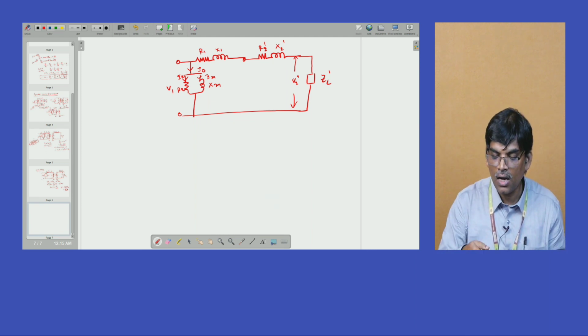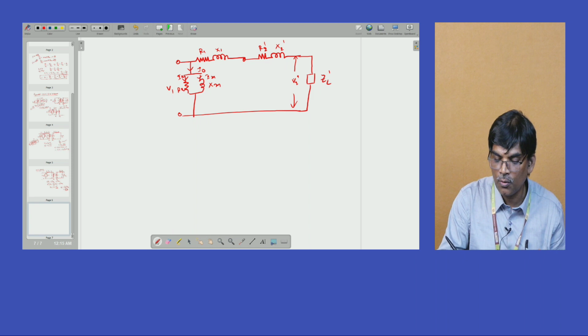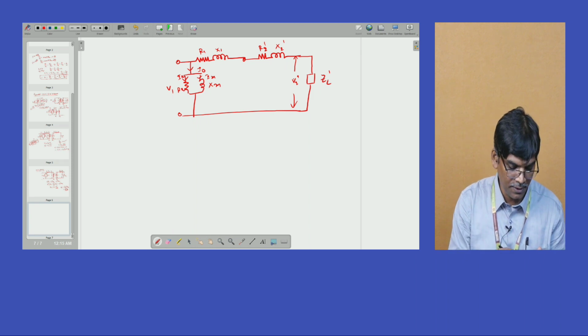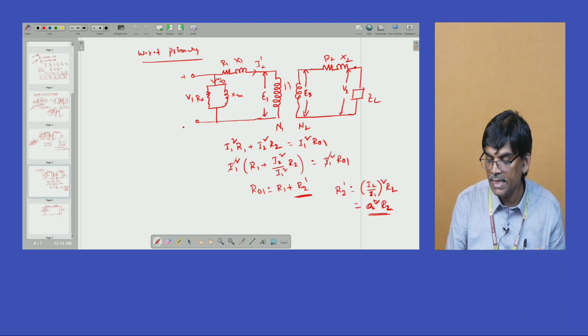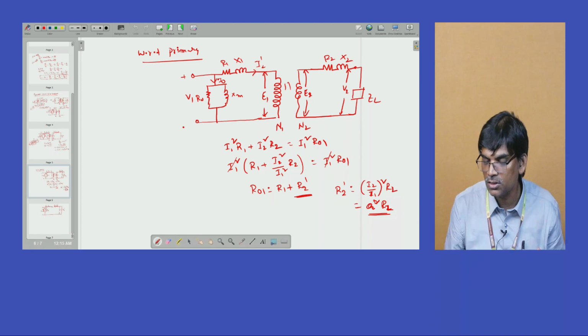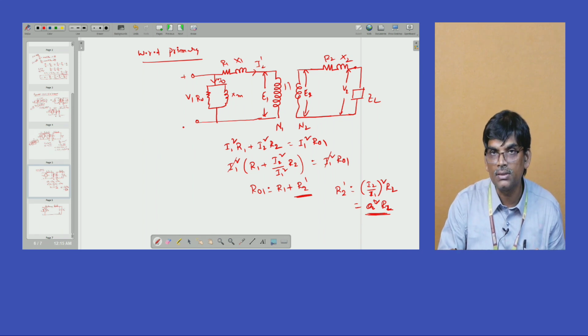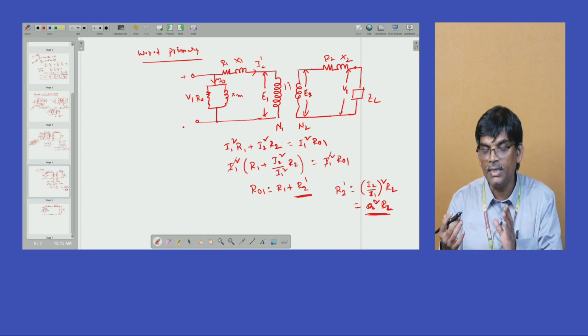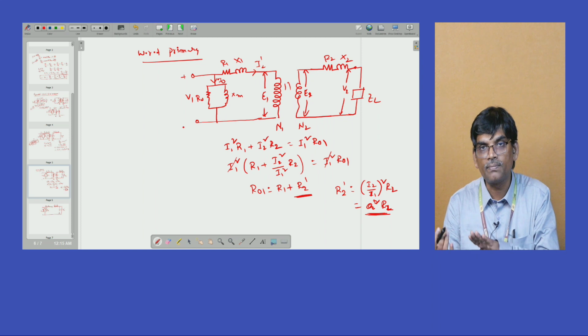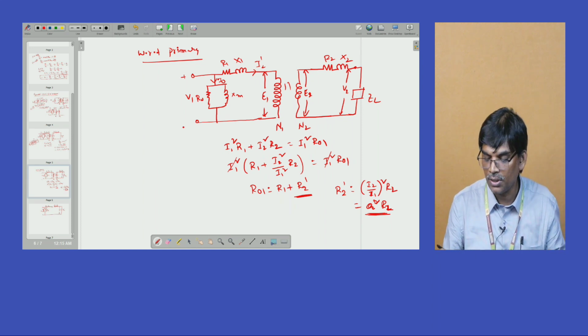Now we can write the values by using the previous equation. Like any secondary series parameter that you want to transfer with respect to primary, we use the formula A square R2. The same is applied for the components X2 and XL, and any series component. For any passive parameters you want to transfer from secondary to primary, we use this formula.